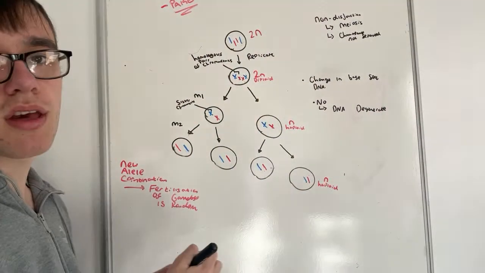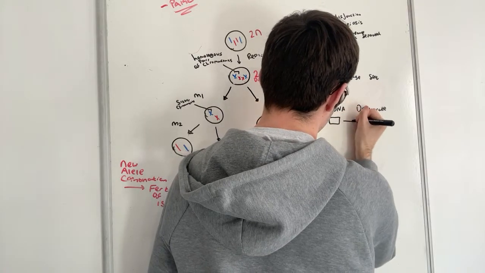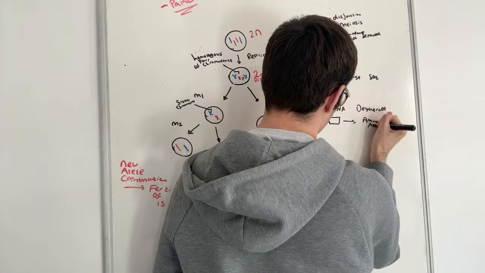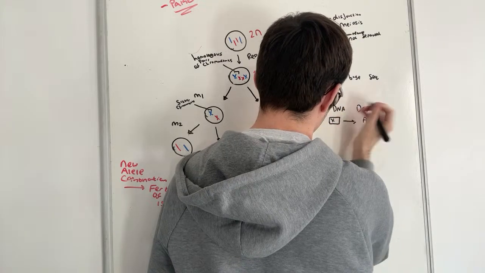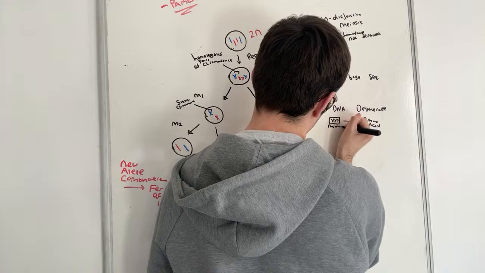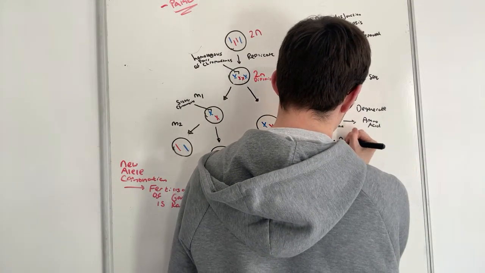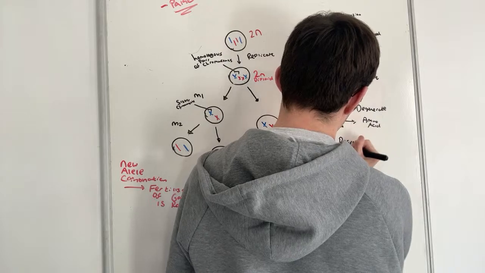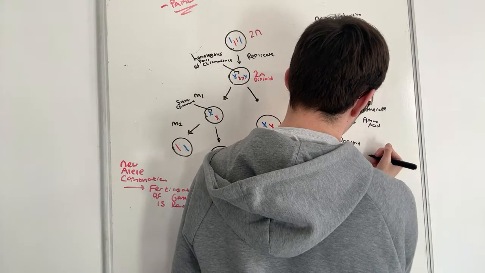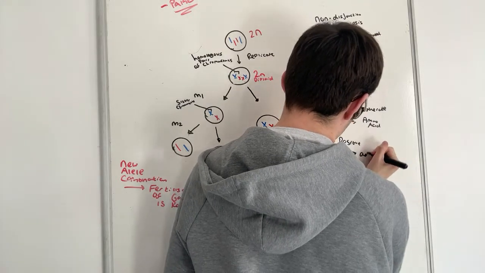So what that means is multiple triplets, multiple codons, will code for the same amino acid. It could have a positive effect if the expressed gene, or if the allele is advantageous.